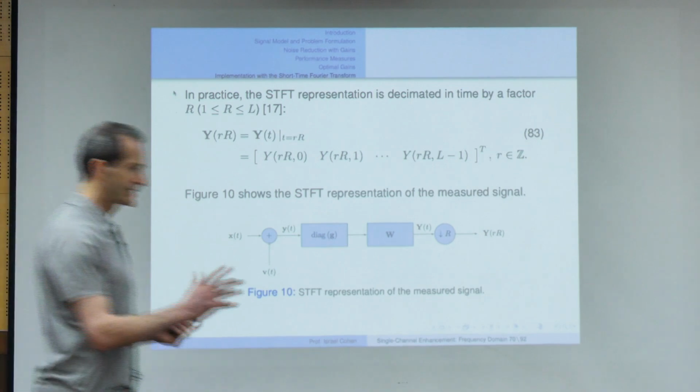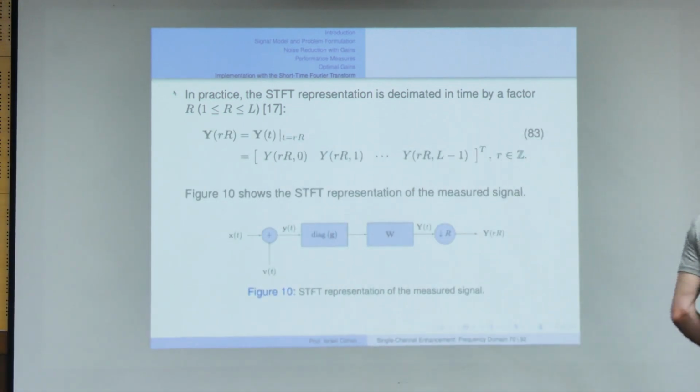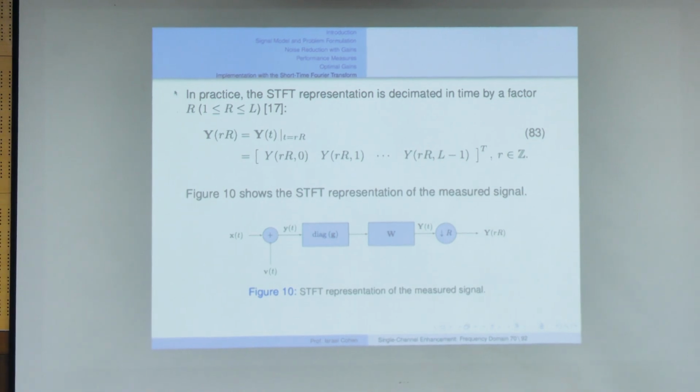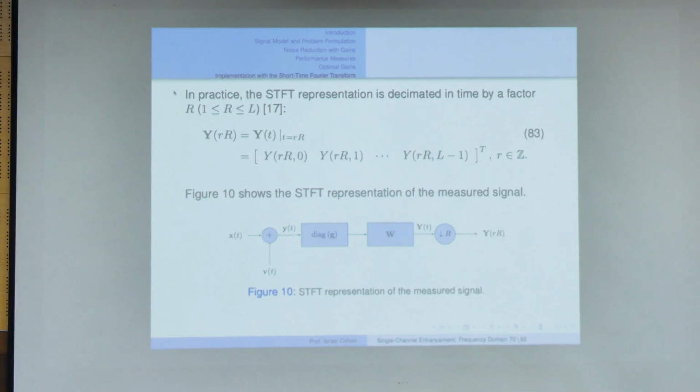Okay? So if we have a signal y(t), okay, so this is t, the time axis. So this is the window. And then let's say that we jump R samples. And the index of the window will be R. Okay?